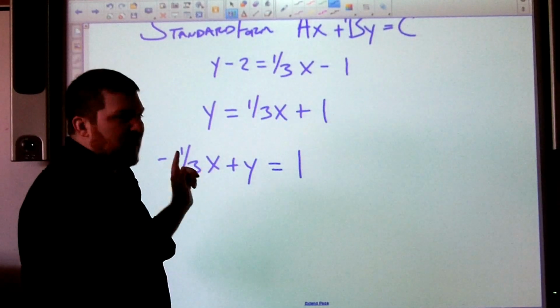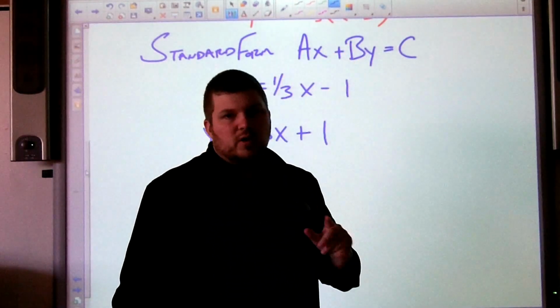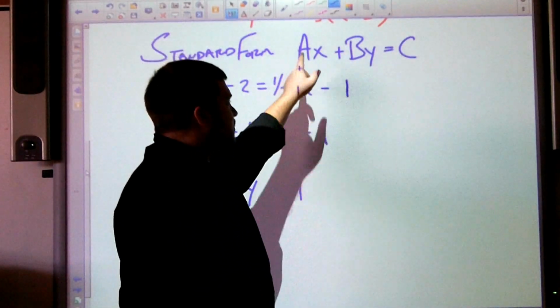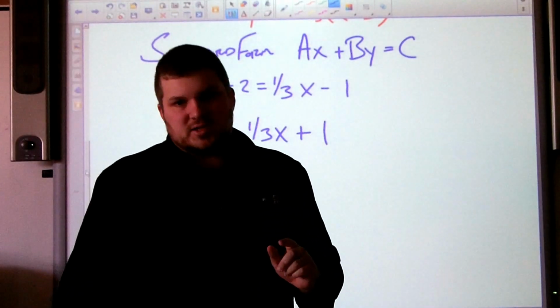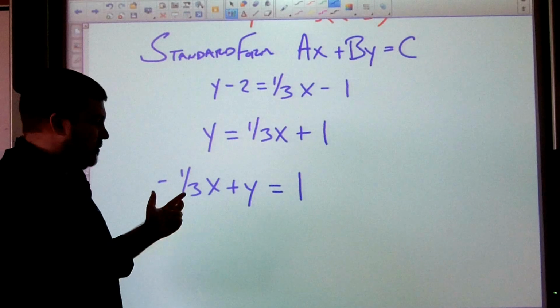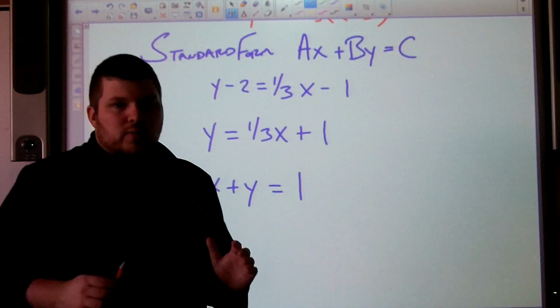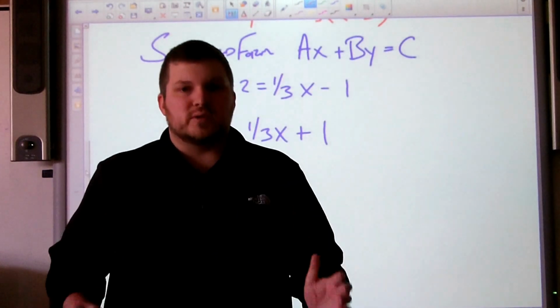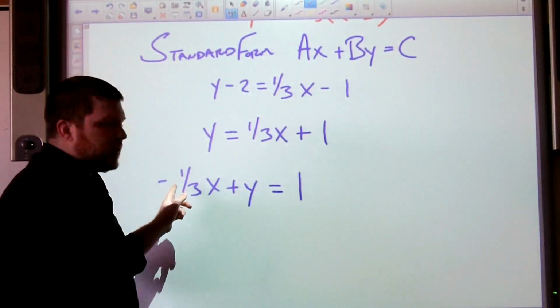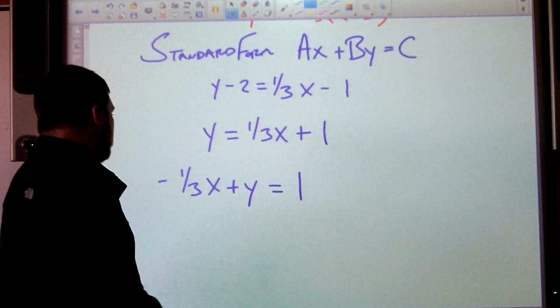Now, it's really close. We have some restrictions on standard form. We know a and b cannot both be 0, and certain textbooks will tell you that a should also be positive. Okay? So we want a to be positive. Well, we have a negative a. To maintain the balance, remember what we do on one side of the equation, we have to do on the other side. So to get rid of this negative a, we're going to multiply both sides of the equation by negative 1.